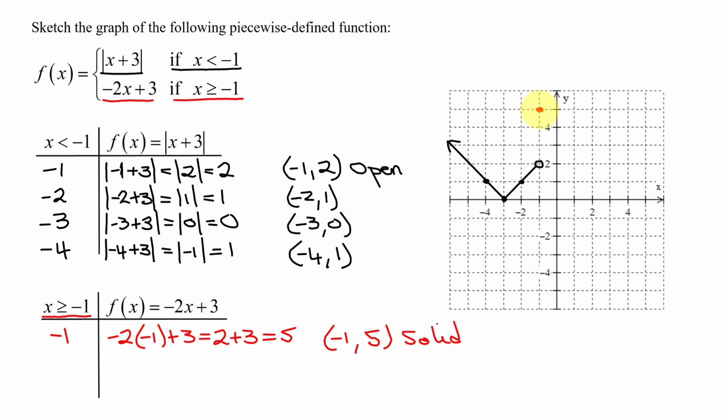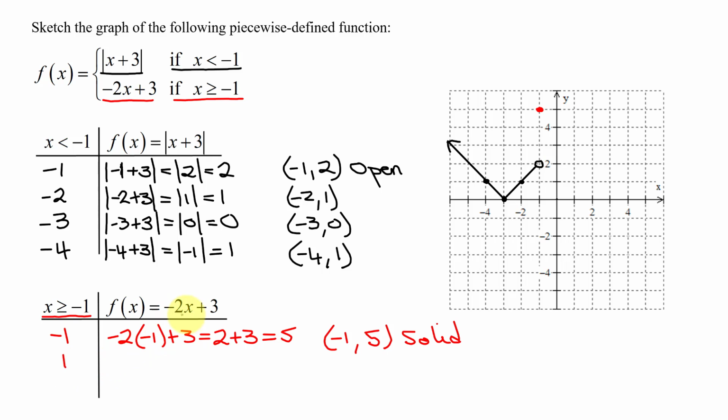And now I need some more points. Well, what does the graph of negative 2x plus 3 look like? It's a linear function. It's a straight line. So I just need one more point. As long as it's to the right of negative 1, it doesn't matter which point I pick. Let's pick x equals 1.